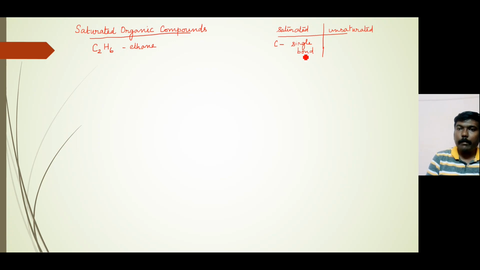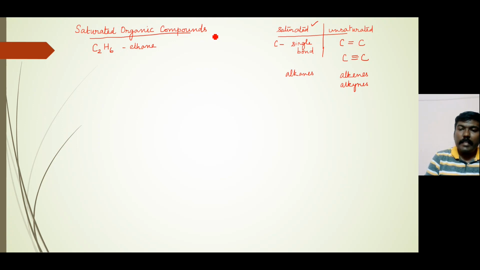If they are connected by single bonds, then we call them a saturated organic compound. If the carbon is connected by a double bond or a triple bond, at least in one particular location, then we call it an unsaturated organic compound. Alkanes are examples of saturated organic compounds, and alkenes and alkynes are examples of unsaturated organic compounds.